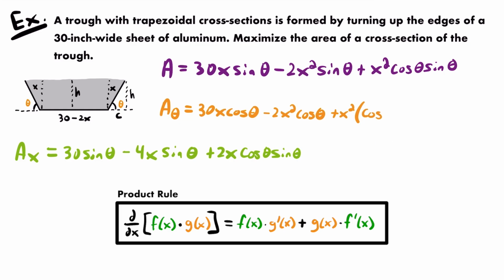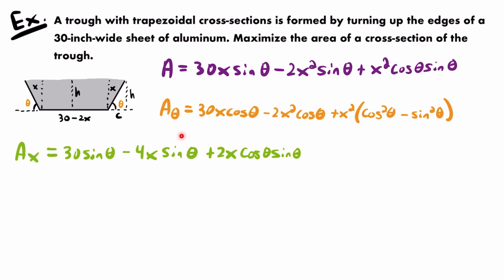So I'll write in cosine squared theta, and then we will add the second function, which is sine theta, times the derivative of the first. And the derivative of cosine is negative sine. So you'll be multiplying by negative sine theta, but sine times sine is sine squared, so you could just rewrite this as cosine squared theta minus sine squared theta. That right there would be the partial derivative with respect to theta of our area function.